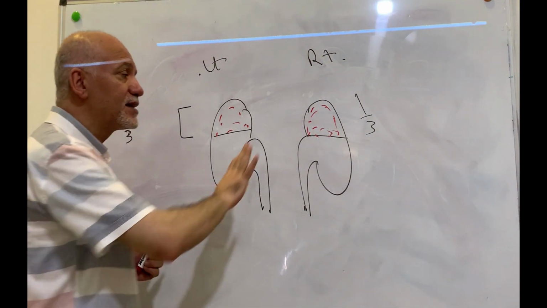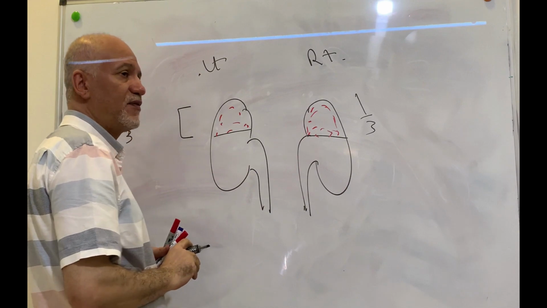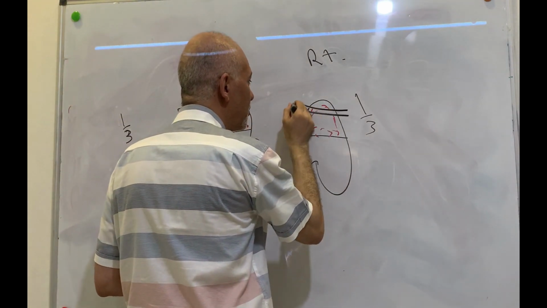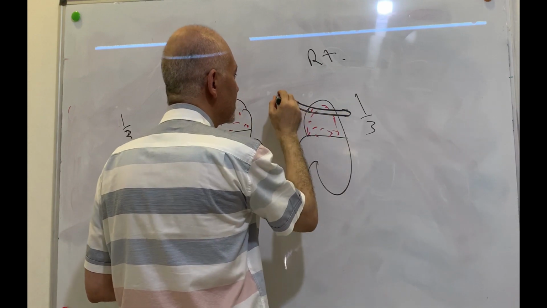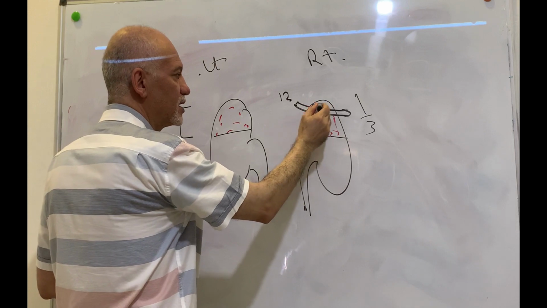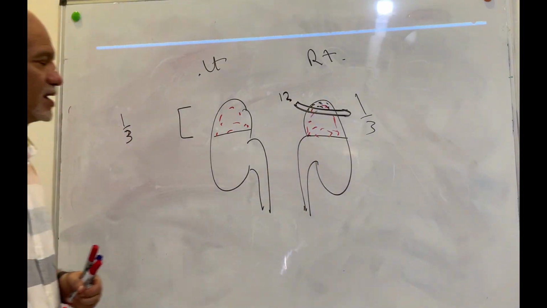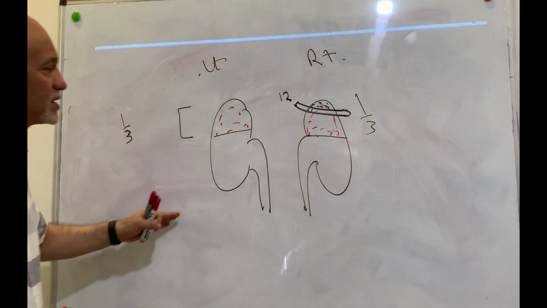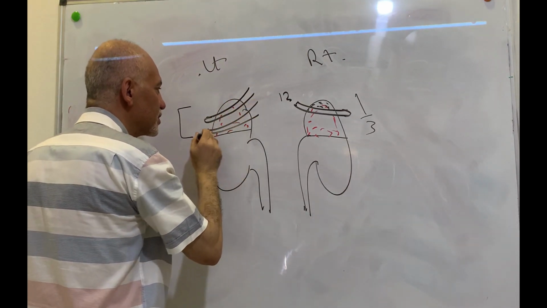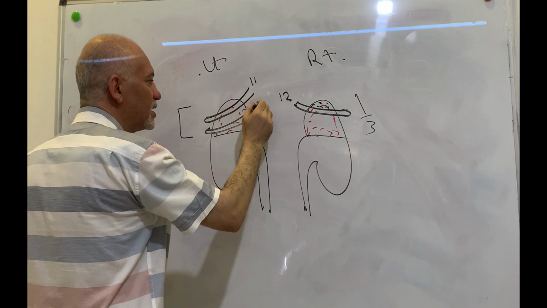But on the right side, the diaphragm separates the kidney from rib number 12 and the last intercostal space. But on the left side, it is two ribs, rib number 11 and rib number 12.